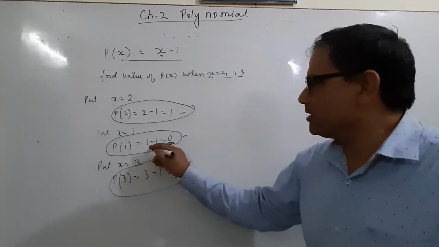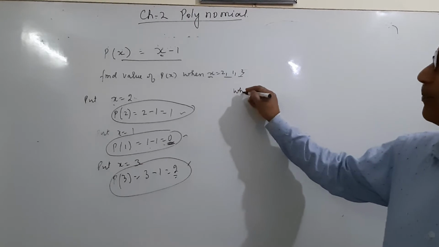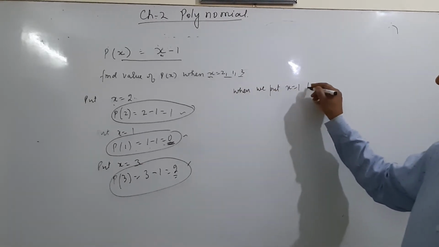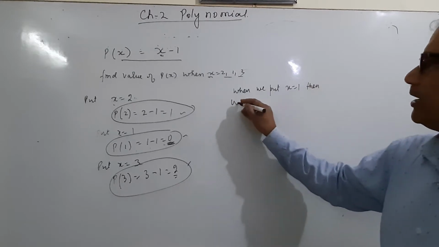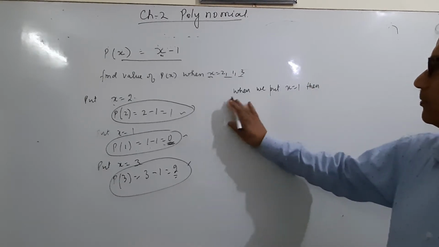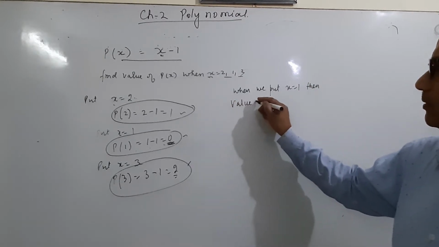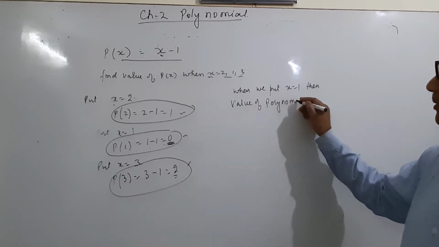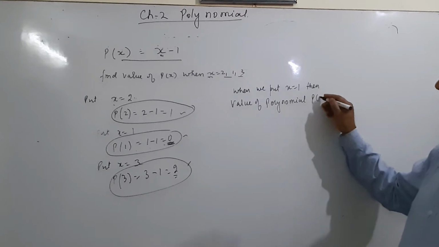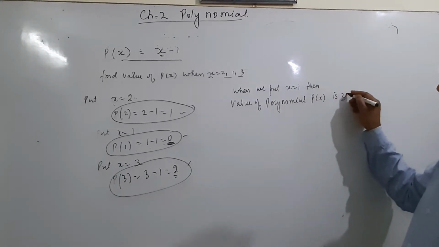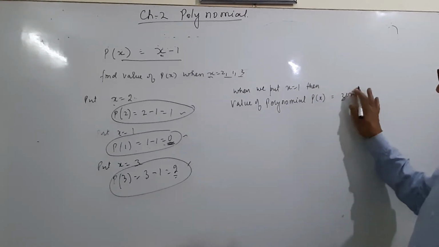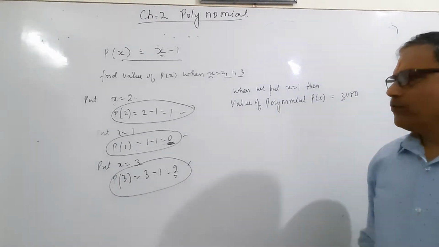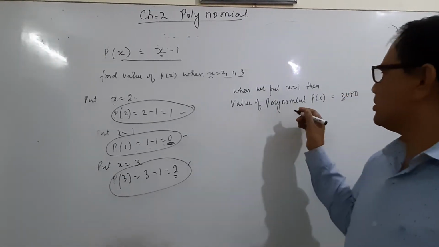Then we can say when we put x equal to 1, the value of the polynomial P(x) is 0, so we can say that 1 is the zero of the polynomial.